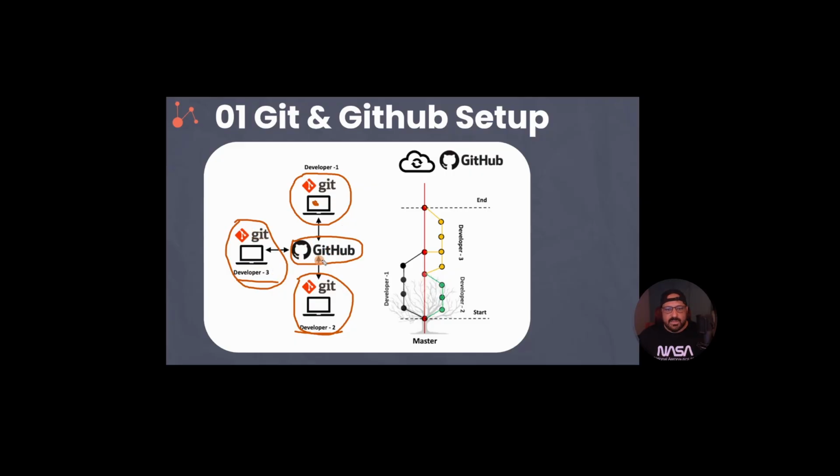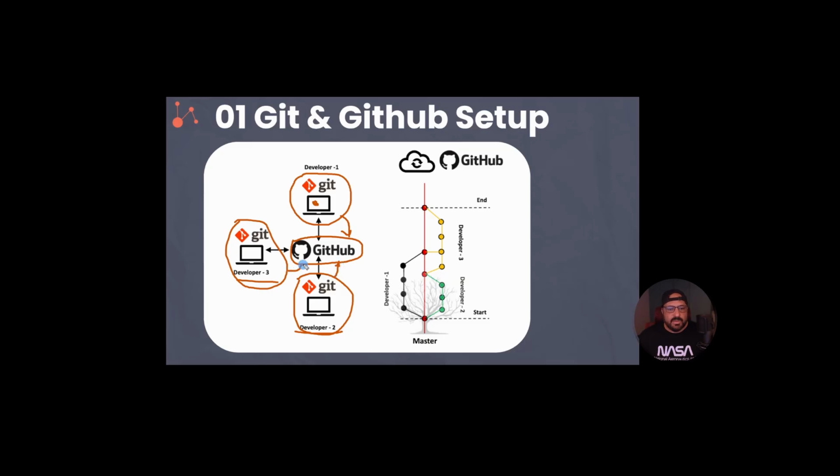And as you can see, GitHub lies at the center, which means it is, as the name suggests, a hub. So basically what happens is you develop locally, you track your code here, and then you go and push your code to GitHub.